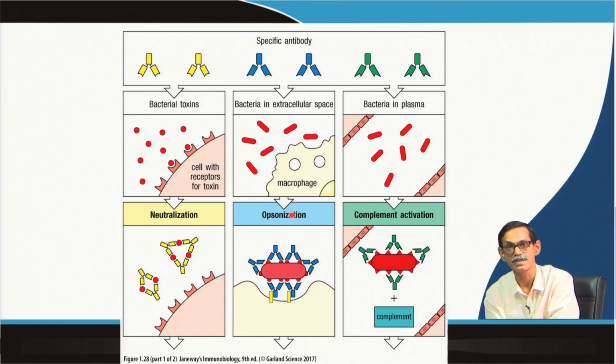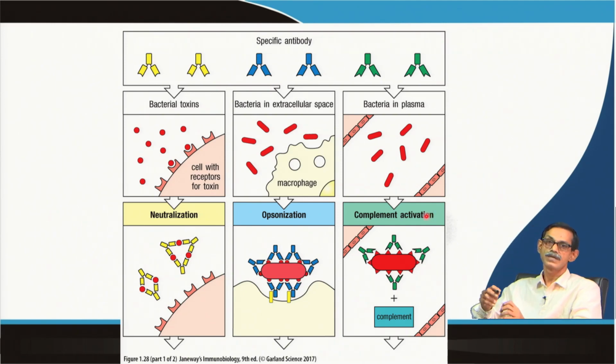Another important strategy in our immune system is called complement activation. What is this complement activation? There are proteins which are heat labile, but they are very much part of the innate immunity; they do not have specificity.